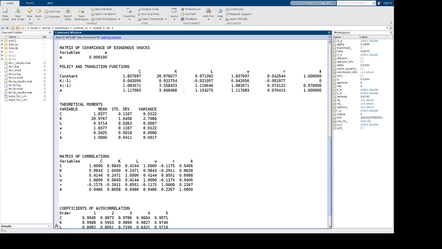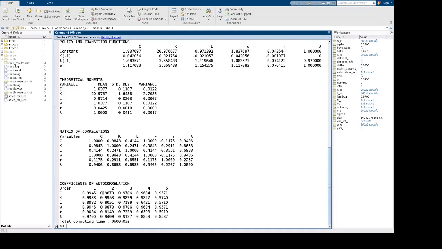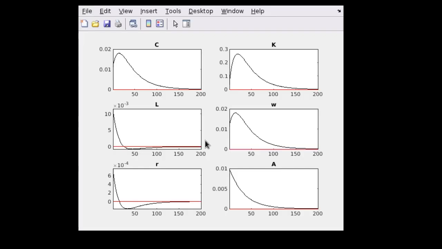It can compute also the correlation between the endogenous variables, and finally the first five autocorrelation coefficients for each of the endogenous variables. You see that except for labor supply that is a bit more moderate, most of them are characterized by a rather high autocorrelation.